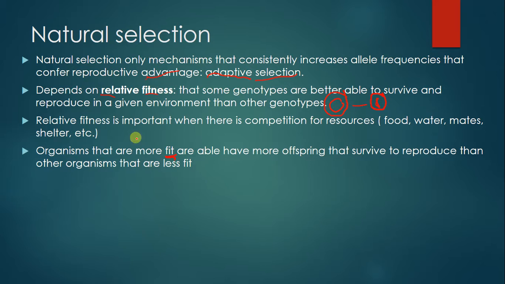So, an organism is more fit if it is able to have 5 offspring that grow to reproduce themselves versus having 2 offspring that grow and reproduce. Maybe one organism lives for 100 years but only produces 2 offspring that live to reproduce.